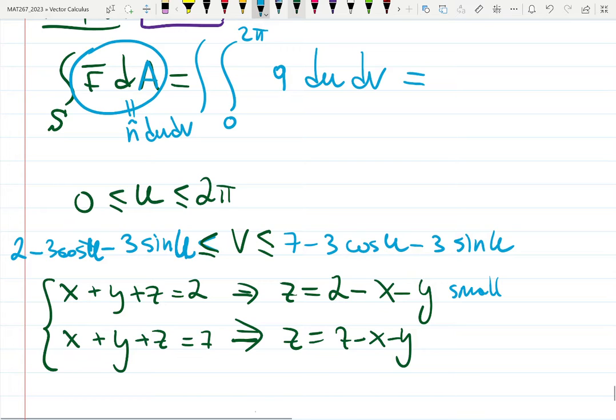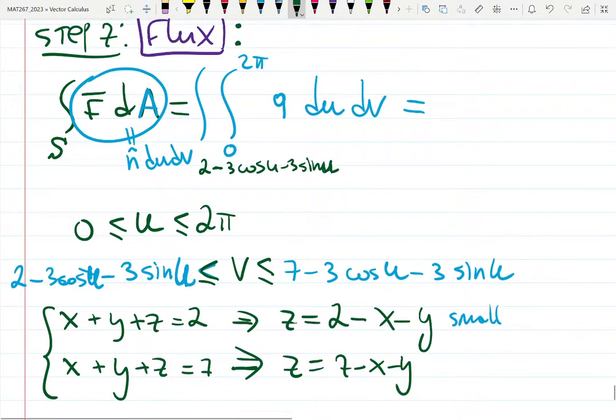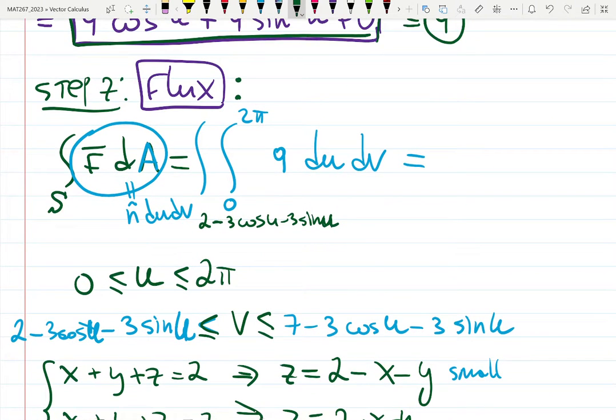And that's what you're going to put here, which will be hard to write, but okay. Challenge accepted. 2 minus 3 cosine u minus 3 sine u. And then this one will be 7 minus 3 cosine u minus 3 sine u. Nice. And now you can integrate.